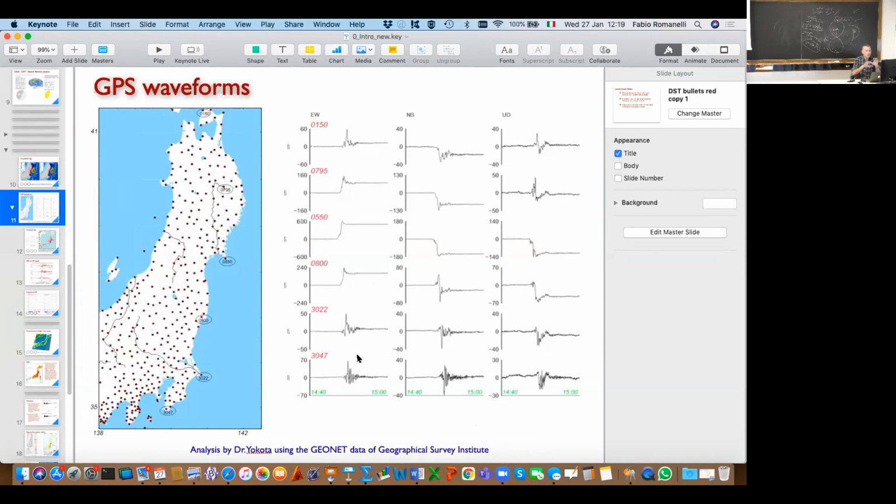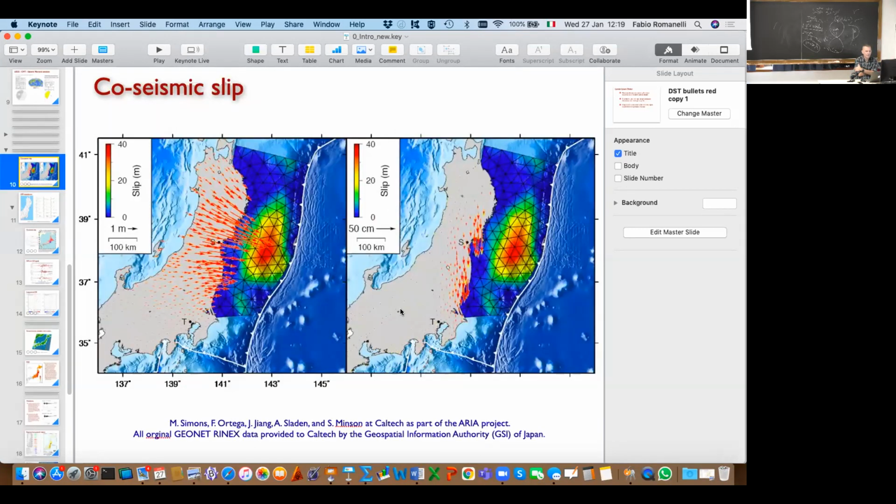If you have a panoramic view of Japan, look at the arrows. Their amplitude is very large near the source, and then decays very rapidly. So if you have a GPS network, you can record it. That's the near field.